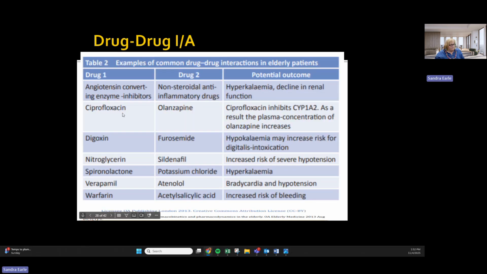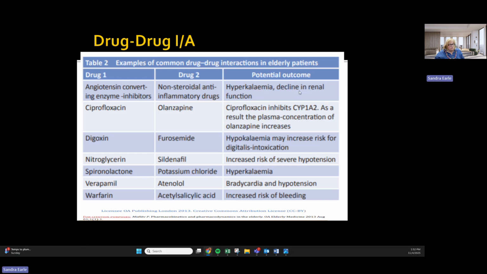It's one example. All right, so now we're going to go into drug-drug interactions and drug-disease interactions that you need to be more concerned about in the elderly. So drug one being ACE inhibitors, drug two, nonsteroidals. When they are given together, you have a higher risk of hyperkalemia.